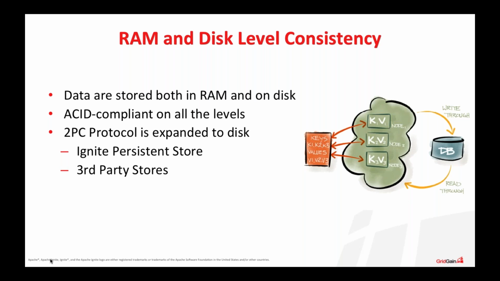One of the ways that we can store things on disk more permanently rather than holding it in cache is to use the Ignite persistent store. So we need to look at what durability and consistency support is available there. The other issue is what about third-party stores? Typically in this scenario, we need some kind of transaction control, and I think a relational system is the best fit. Again, we'll talk about why that is in just a moment.